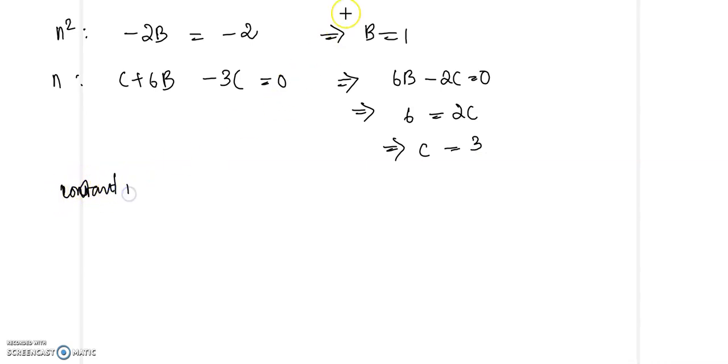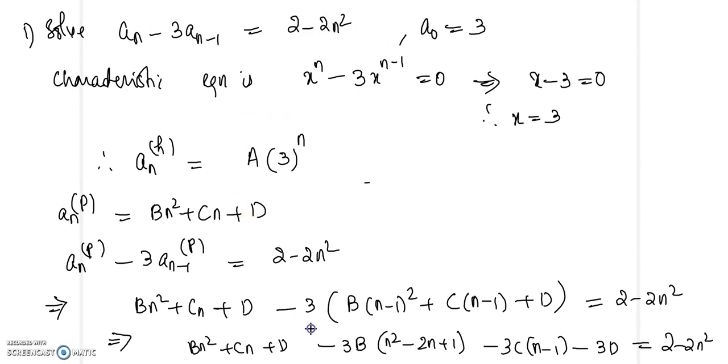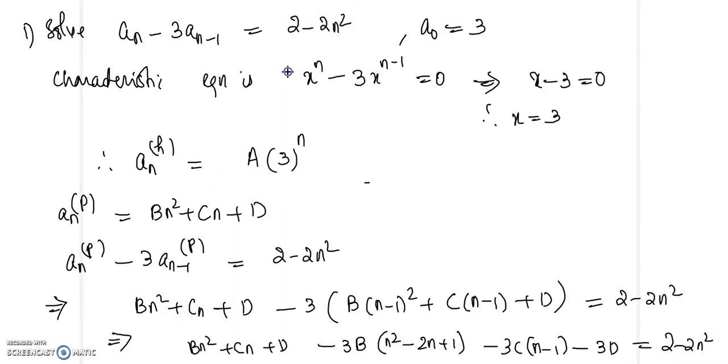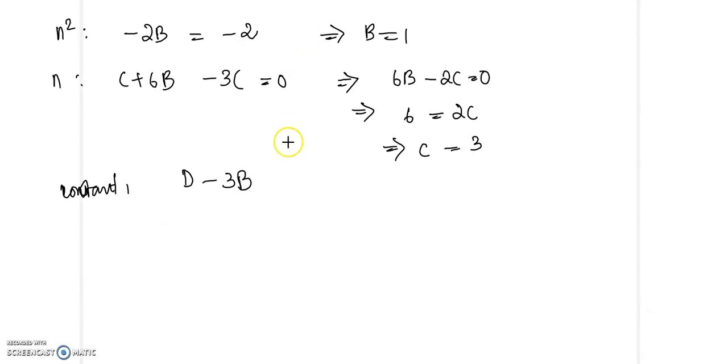Now take the constant terms on both sides. That will be d minus 3b plus 3c minus 3d, which will be equal to 2. So we will get minus 2d minus 3 plus 9 equal to 2.